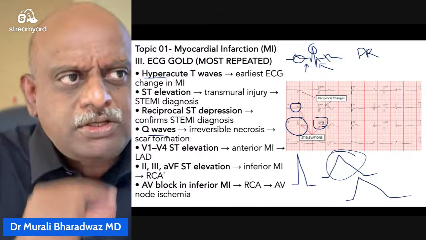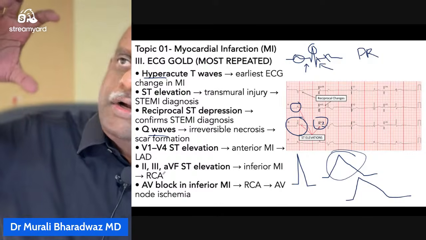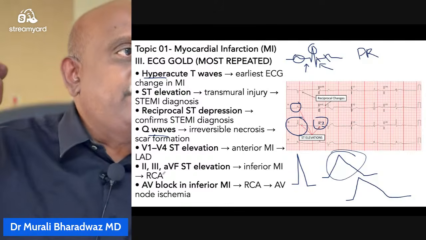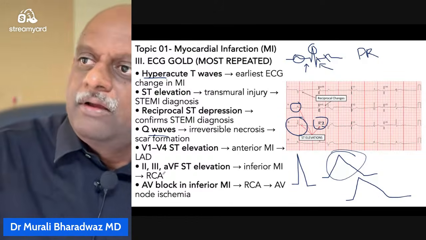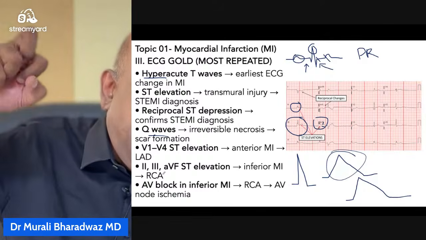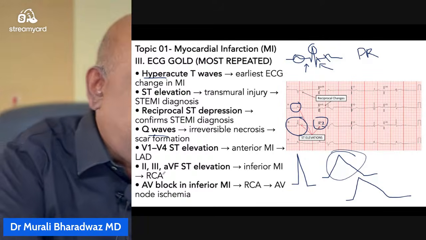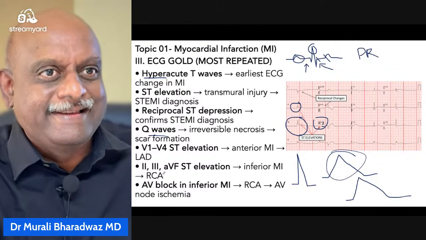So the purpose of the AV node is what? Atria should depolarize and contract, followed by ventricular depolarization and contraction. When atria depolarize and contract, they are pushing the blood into the ventricle. At that time the ventricle should receive and relax, not contract.